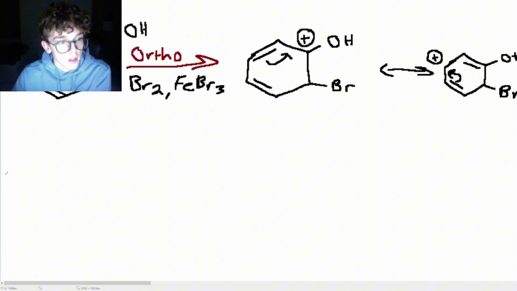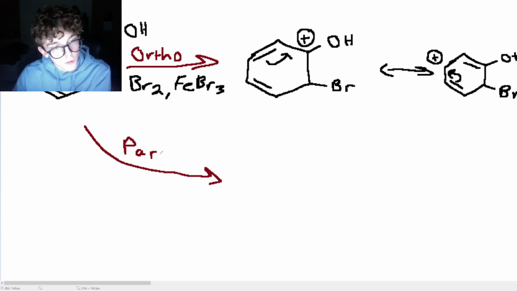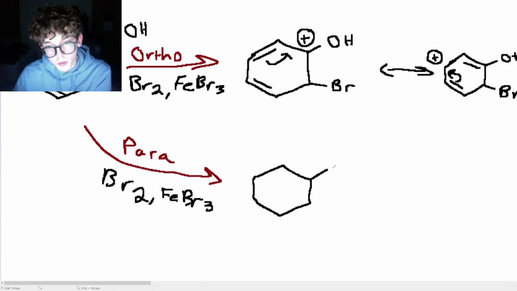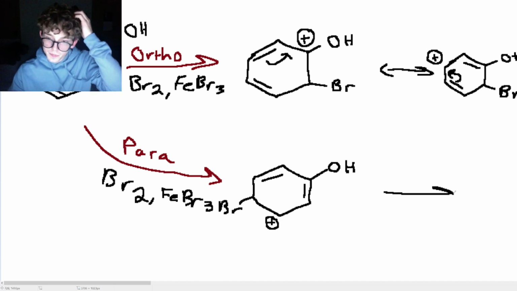Now let's move on to para. We'll save meta for the last to make a point. So we have that Br2, FeBr3, and we're going to attach this in the para position. So we put that there. We're going to have a positive charge here. So we have a secondary one.